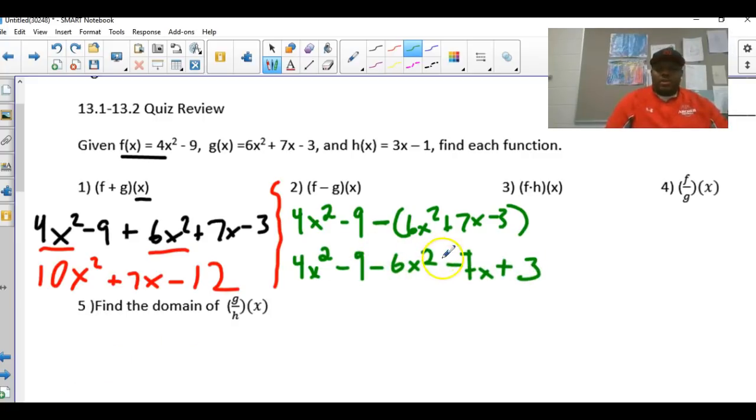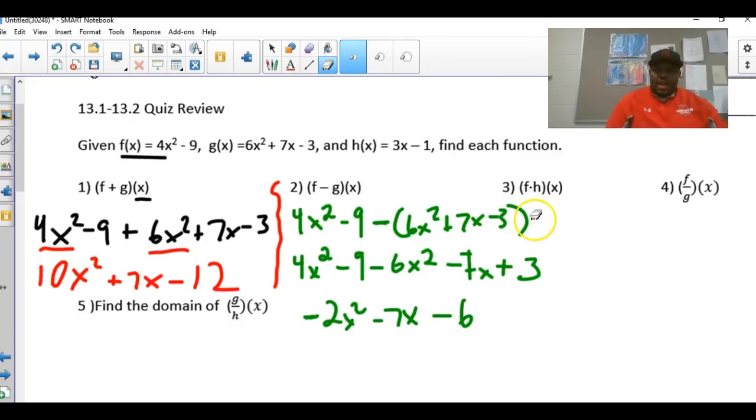Now that we've distributed the negative, we'll simplify. We have 4 minus 6, which gives us negative 2x squared. Then we have negative 7x. And finally, negative 9 plus 3 is going to give us negative 6. So there's our final answer right there.